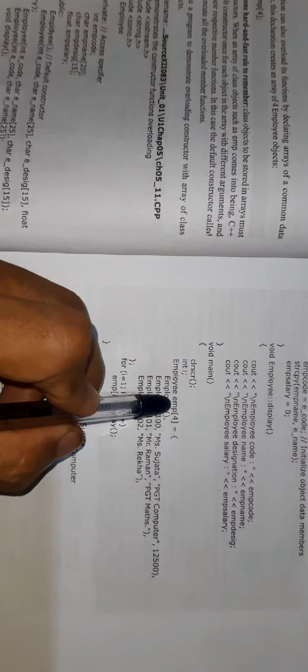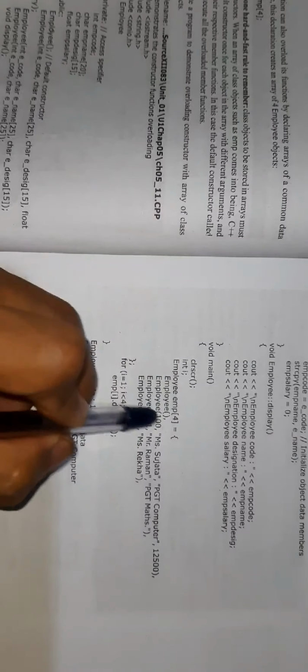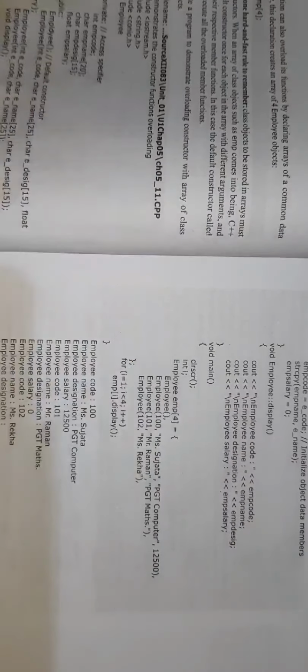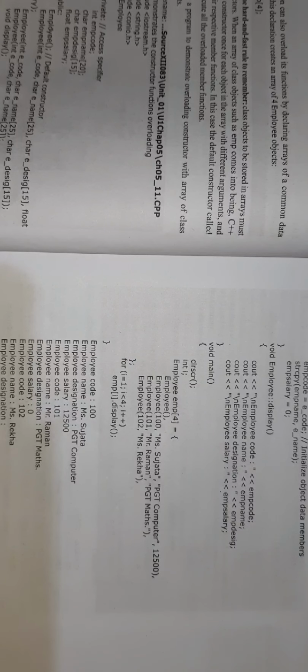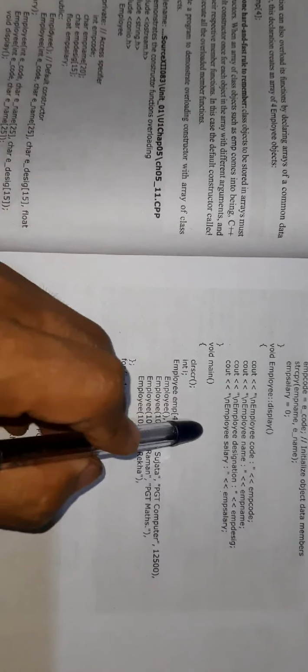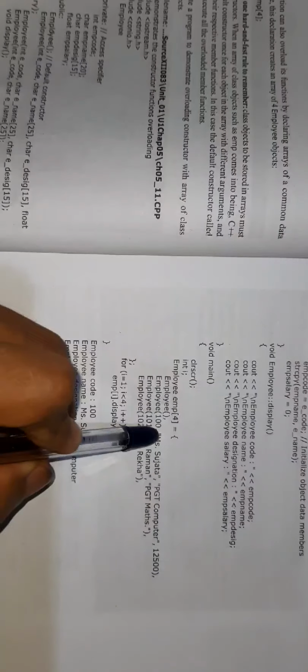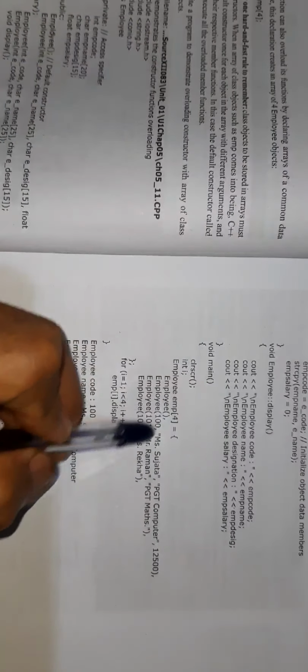So similarly, the data can be assigned to the objects implicitly or explicitly. We have seen the implicit way of passing the values, we have seen the explicit way also, right? So in the same case, even though the object has been declared as an array, the passing of the values will be the same way, implicitly or explicitly.